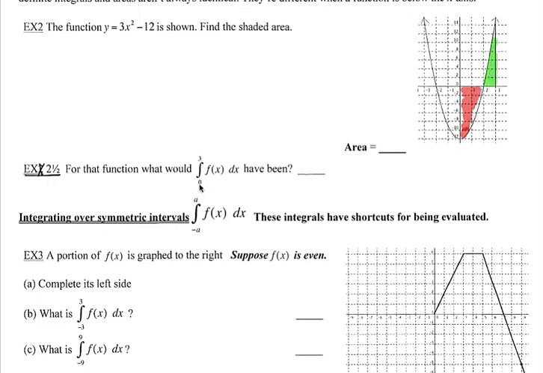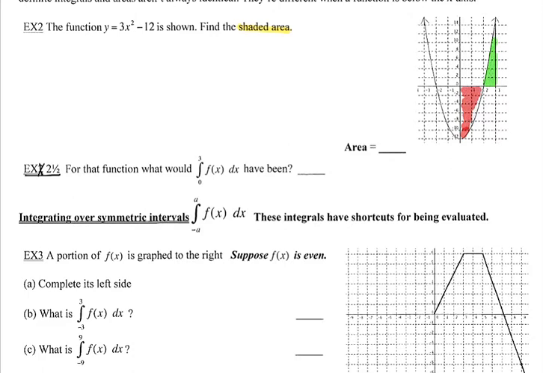So if we evaluate the integral from 0 to 3, well, the area down below the x-axis is going to end up canceling out with the area above the x-axis. So in order to find the shaded area, we have to pay attention to what of that area is below and what of that area is above.